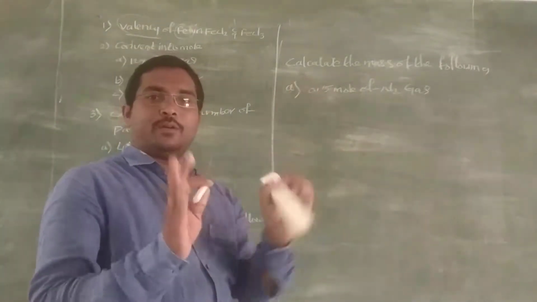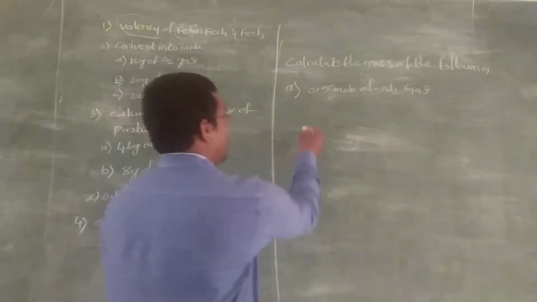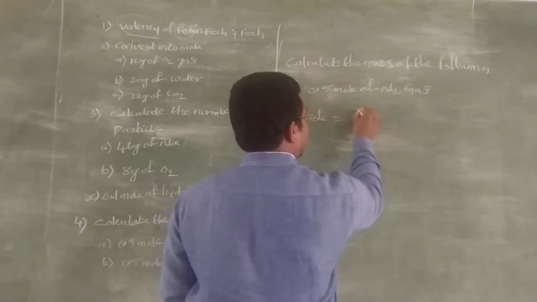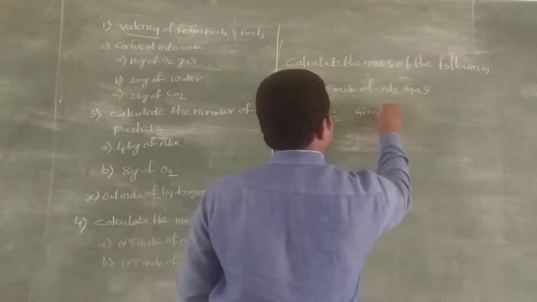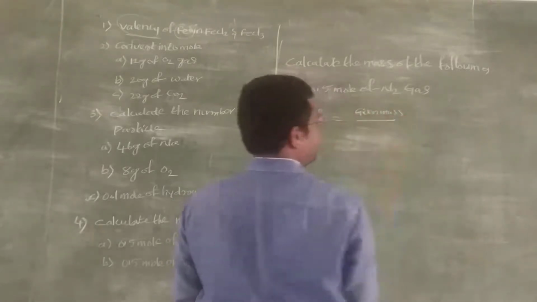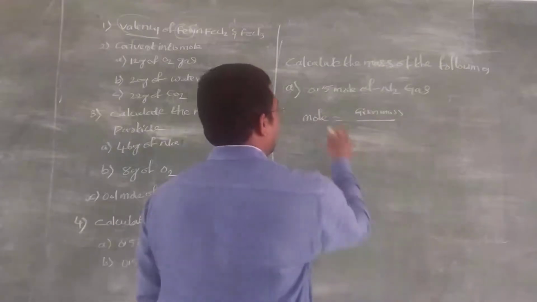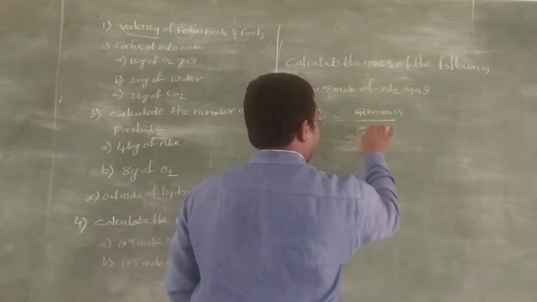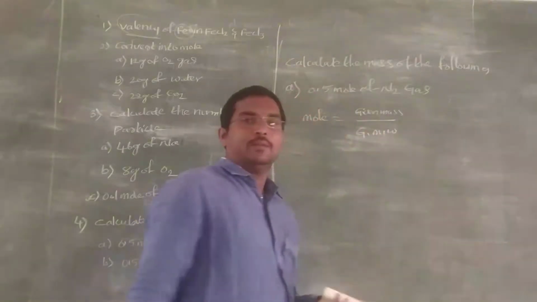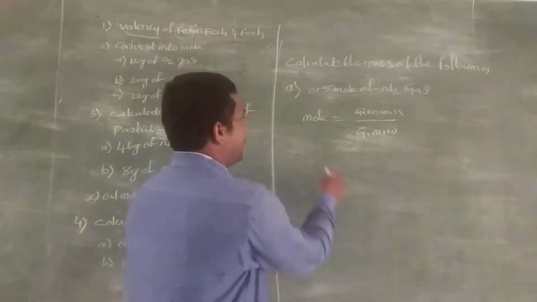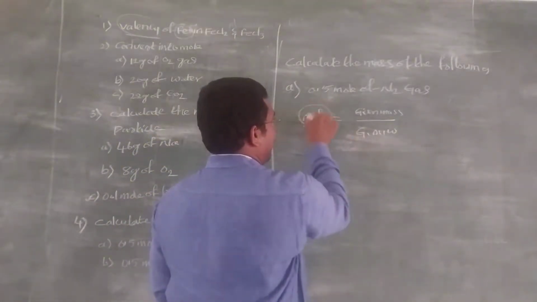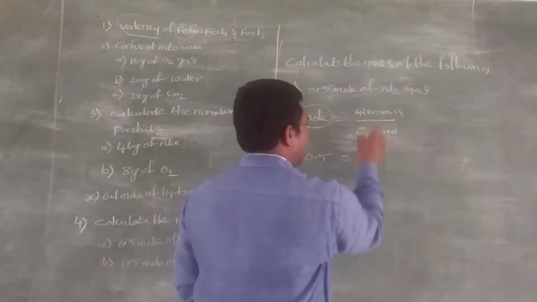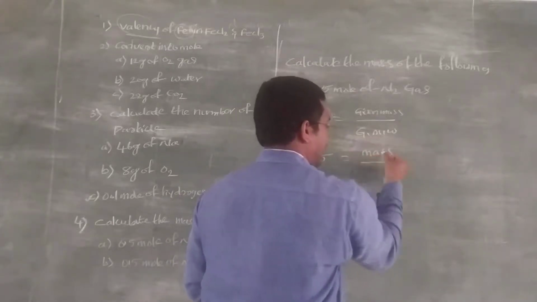For finding the mass, same formula. Mole is equal to given mass divided by gram molecular weight, or gram molecular mass. Here the mole value is given, 0.5 mole of N2, and you want to find the mass.